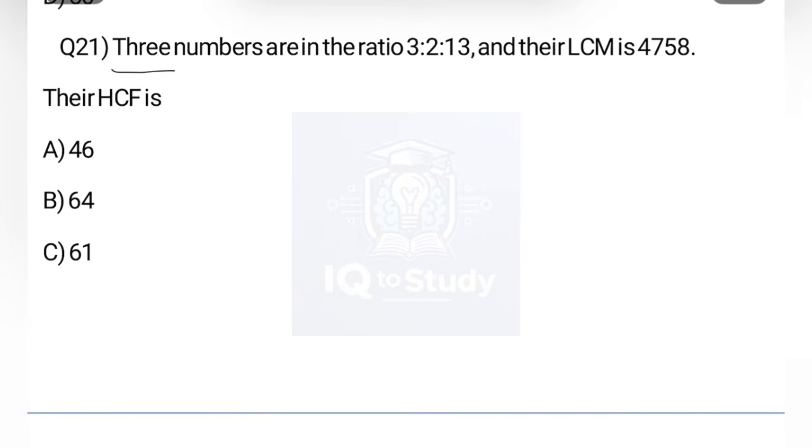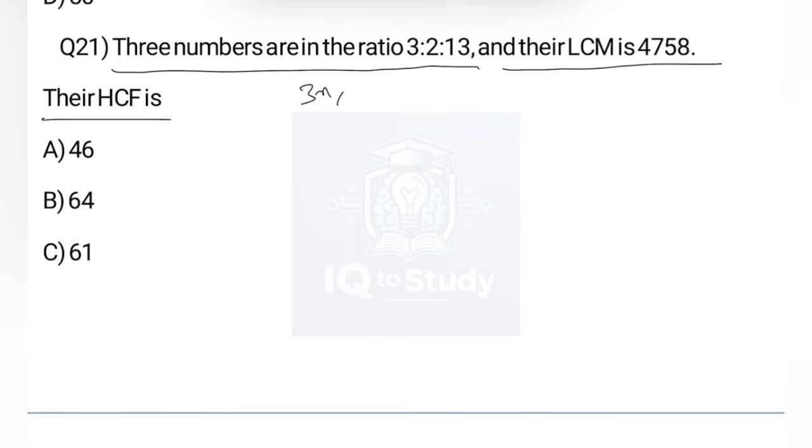Three numbers are in the ratio 3:2:13 and their LCM is 4758. We have to find their HCF. Let the numbers be 3x, 2x and 13x.